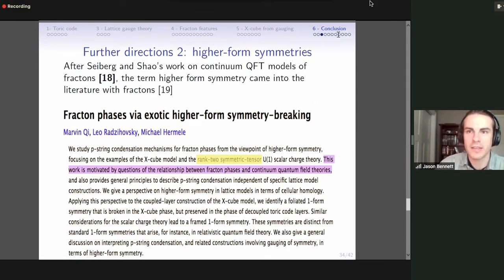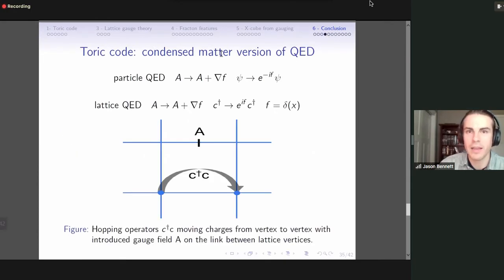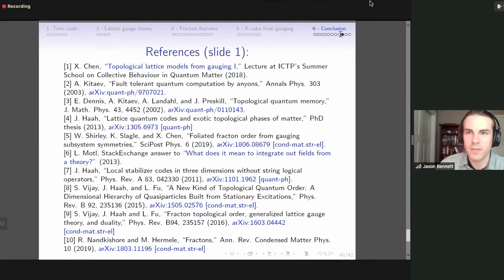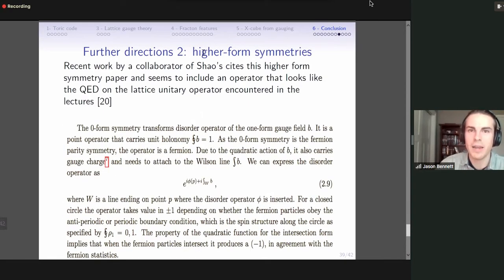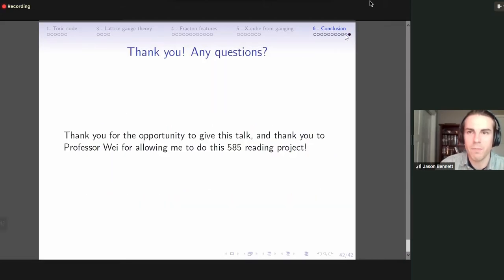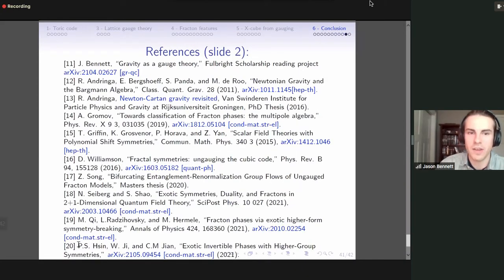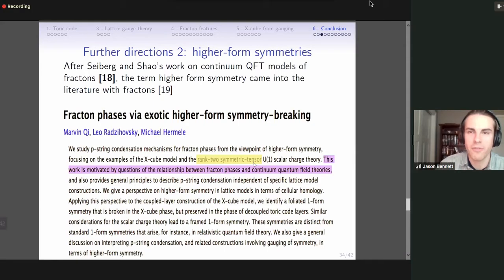But one of the things, and the reason why I'm putting part of my talk in the conclusion here, was that I'll skip to it. Maybe it might be easier that way. One of the papers I read about higher form symmetries in fractons was by a collaborator of Professor Xiao's, and it cites the first paper on higher form symmetry breaking in fractons.